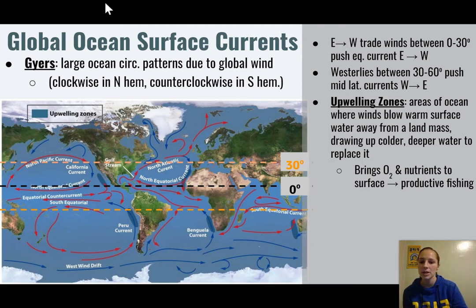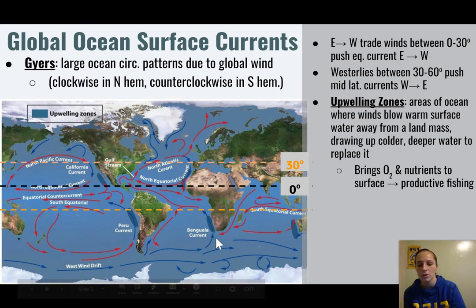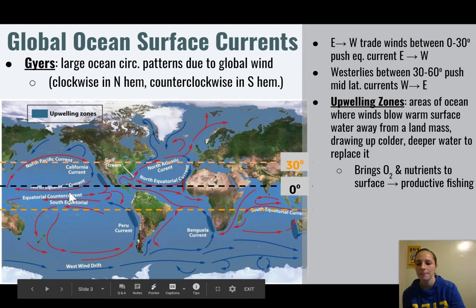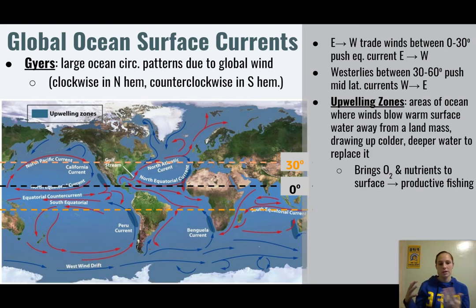Now we are going to see in the northern hemisphere that these gyres are going to cycle in a clockwise motion, as we're seeing here and here. And in the southern hemisphere, they're going to move in a counterclockwise motion, like we're seeing right here and right here. And this is due to the direction of the winds.